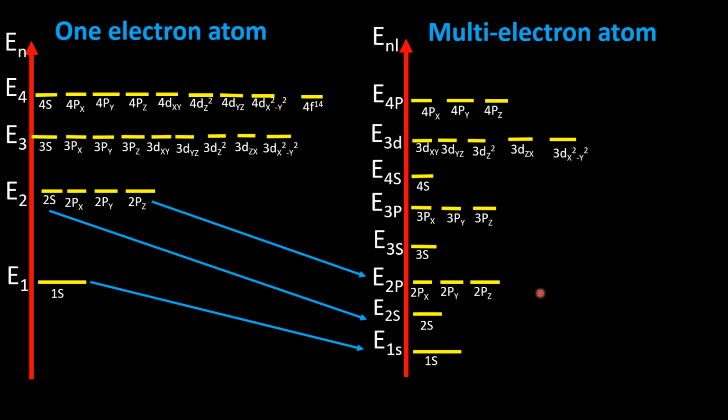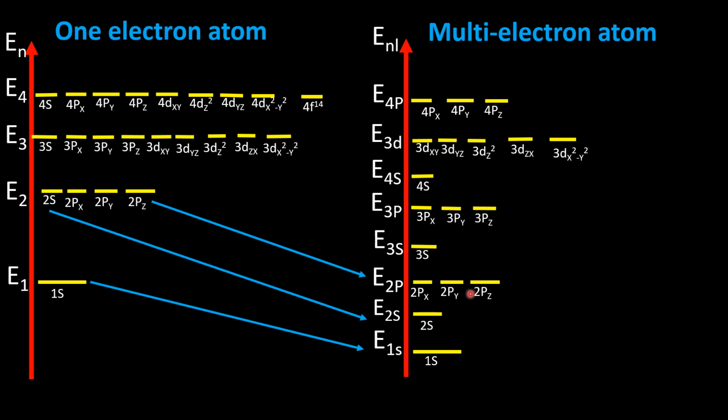Because they come closer to the nucleus, they become lower in energy. Here we can see that the 1s of the multi-electron system is more negative, which means the electron in the 1s of multi-electron atoms is more tightly bound to the nucleus as compared to the electron in the 1s of a one electron system.